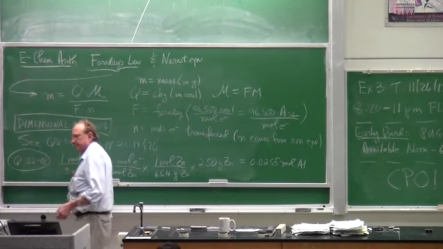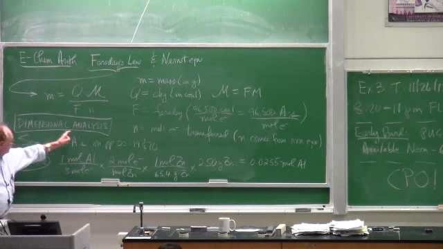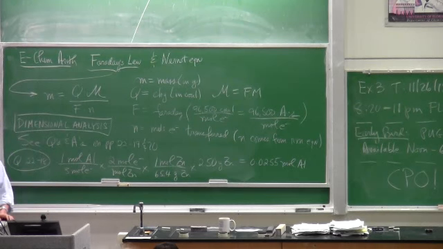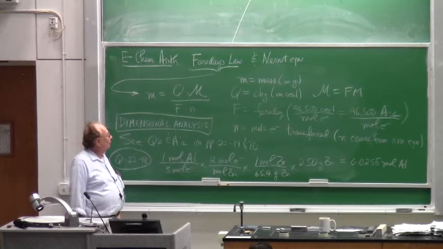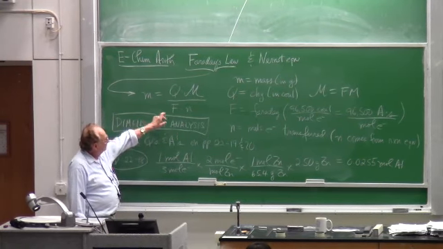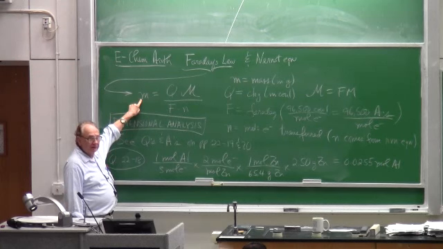Arithmetically, calculations involving Faraday's law really rest on dimensional analysis. Call it unit analysis if you prefer. Pay attention to units. The algebraic form of Faraday's law is this. Those are the quantities. This is mass of material.